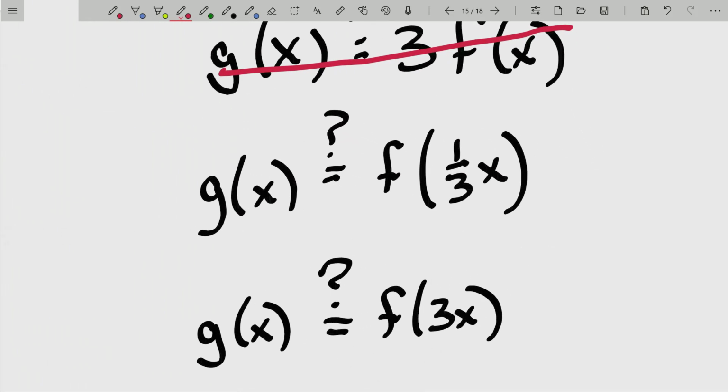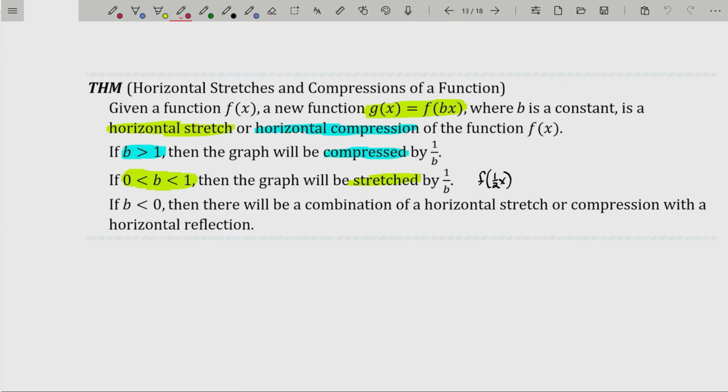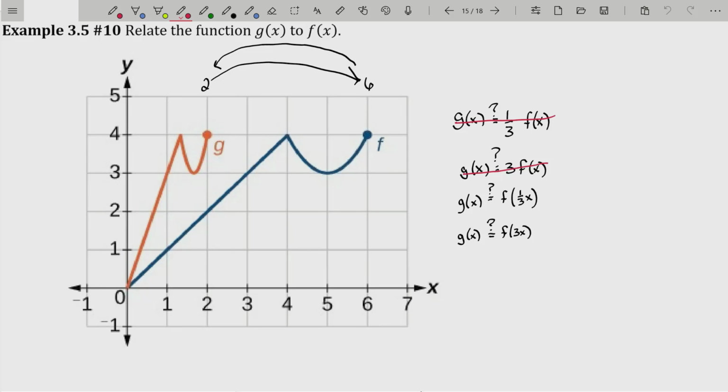If you refer back to the theorem, maybe I'll hop over there really quickly. If b is greater than 1, then the graph will be compressed. And that's actually what we want. We want the graph to be compressed. So if b is greater than 1, the graph will be compressed by 1 over b. So that's our big clue.